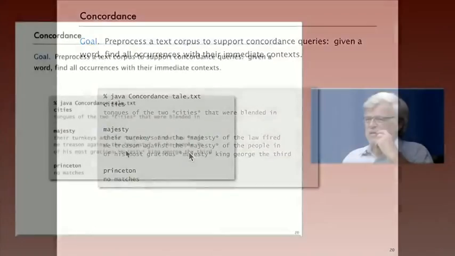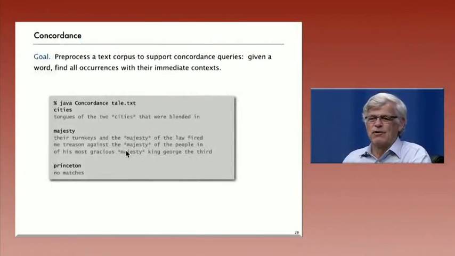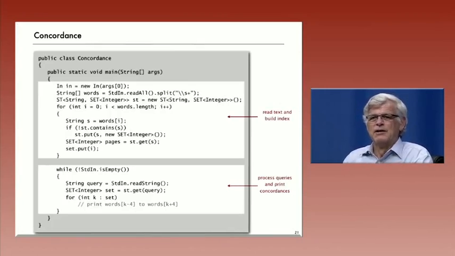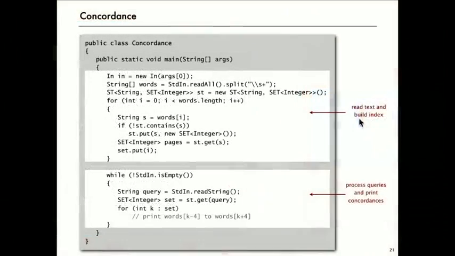And while this is a very special case of what you're very familiar with in web searches, you type in a word and then you get places where that word appears in context. Again, our symbol table API provides for an easy way to implement this. This is a concordance client that does the job.